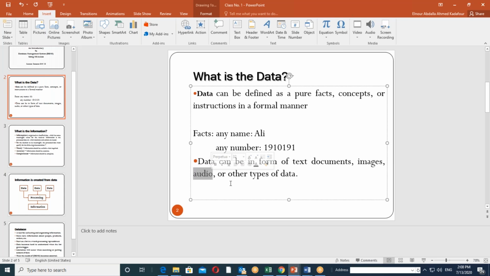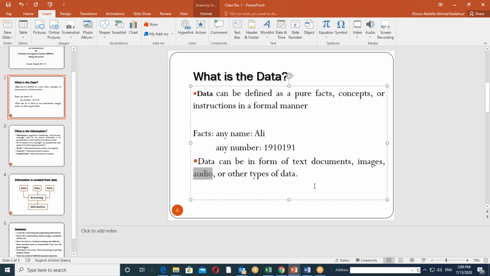I cannot guess unless we get full details. So these are types of data: text, image, or audio. Unless it becomes clear, it is still data. So this is the definition of data. The definition of data in brief again, please, everybody.